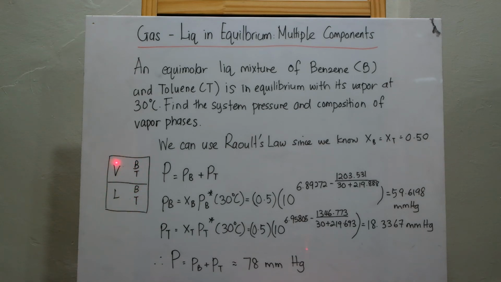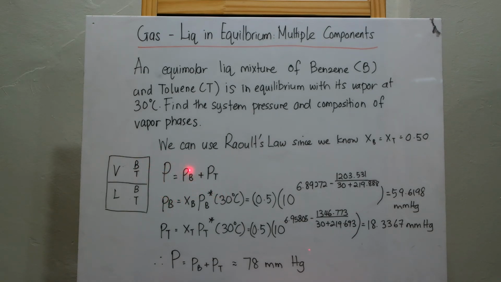It's just that we do not know the composition of the vapor once they are in equilibrium. We can find the pressure of the system using partial pressure of B plus partial pressure of T, because this system only contains two components, benzene and toluene. So this is how we find our pressure.